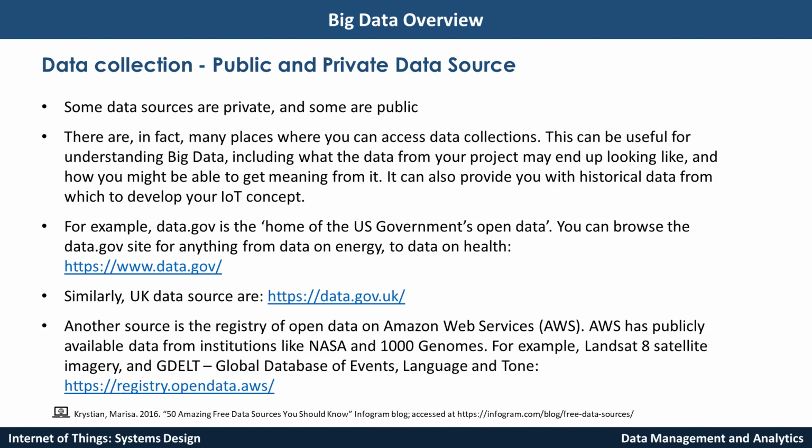As long as they are not security sensitive or data that could be used for malicious activities, they tend to release this data. So the US government releases its own data, and the UK government also releases data.